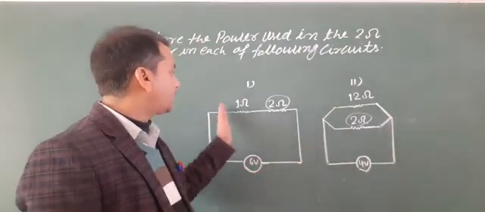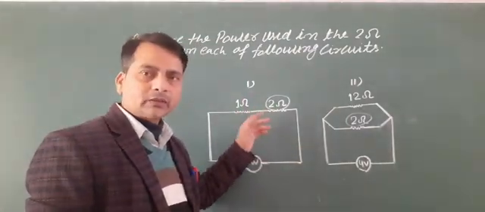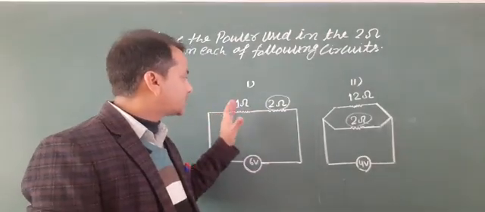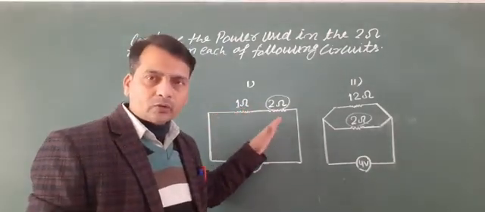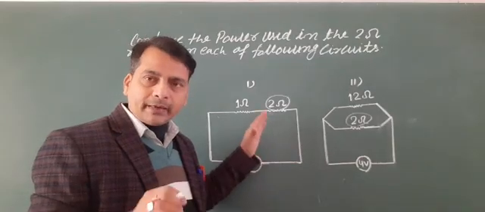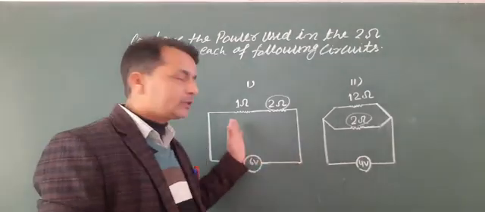So the electric current will be the same in 1 ohm and 2 ohm, and the potential difference in each resistor will be different.